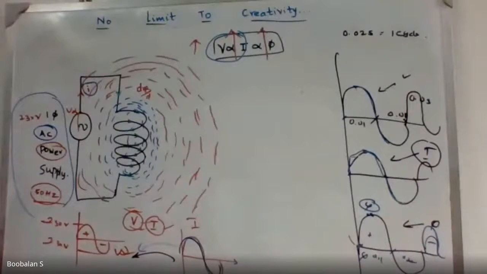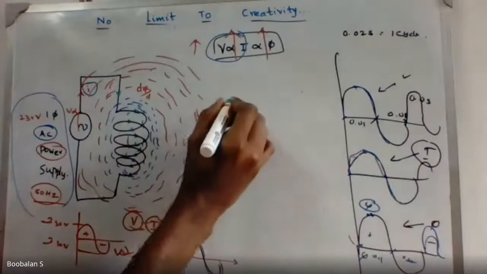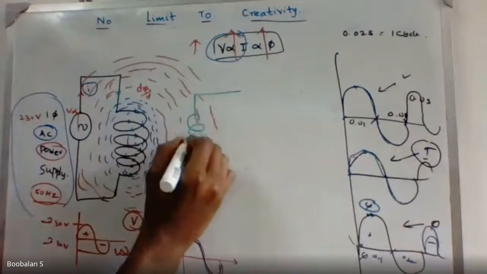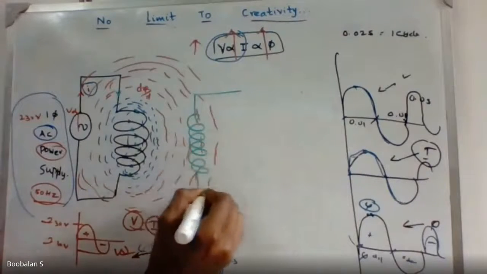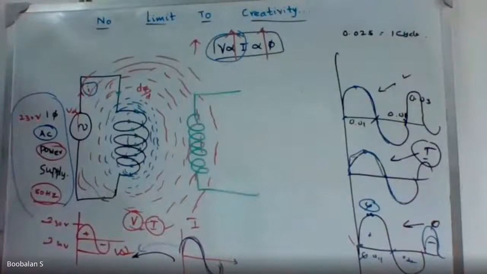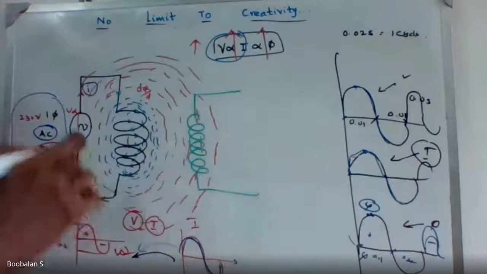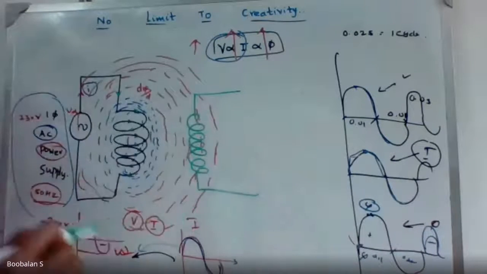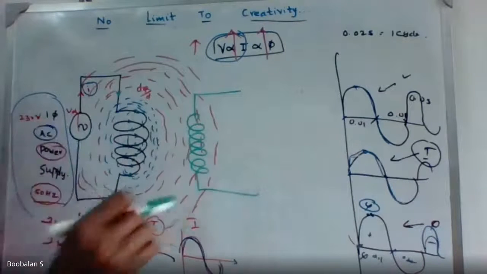Let's see. I'm going to place one more coil into this field. This is called the field area. Because this current is flowing, magnetic flux lines are produced.